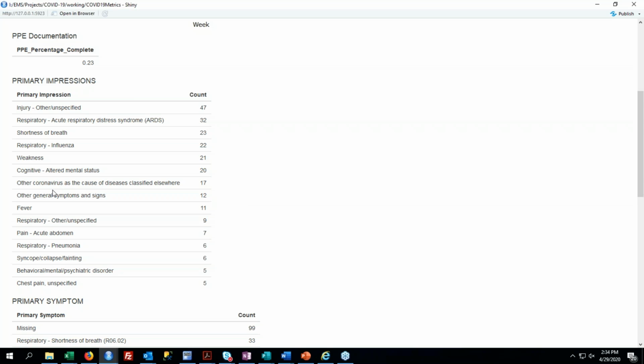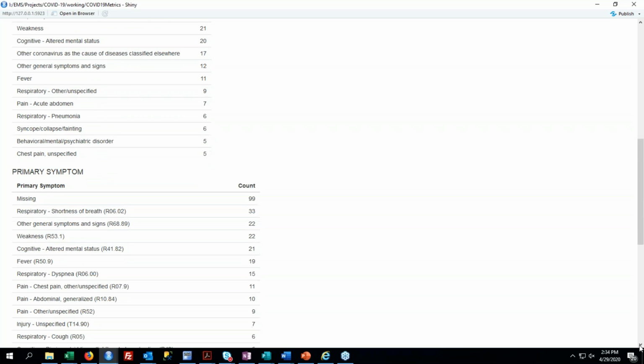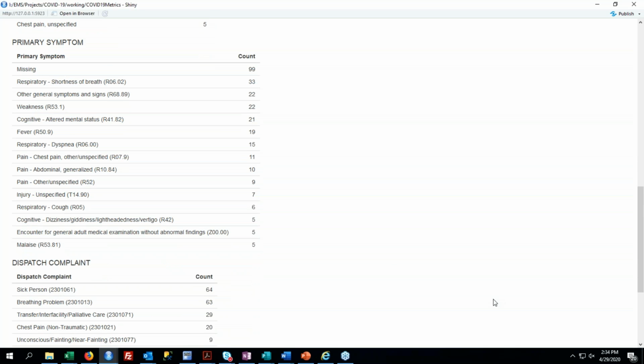There's our new value there. But then we get down into some other pain-related, as well as even behavioral complaints and chest pain. As we go down further, I've got symptoms.